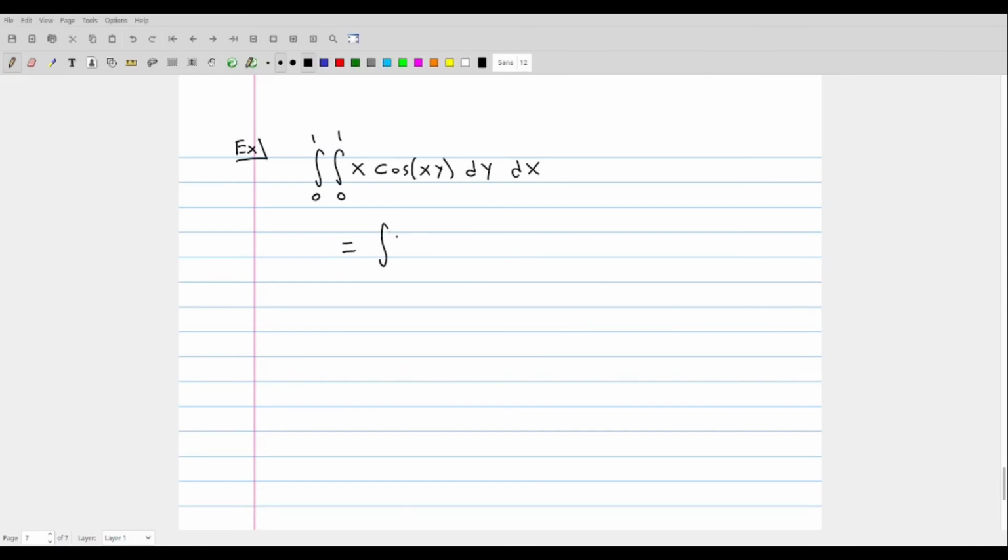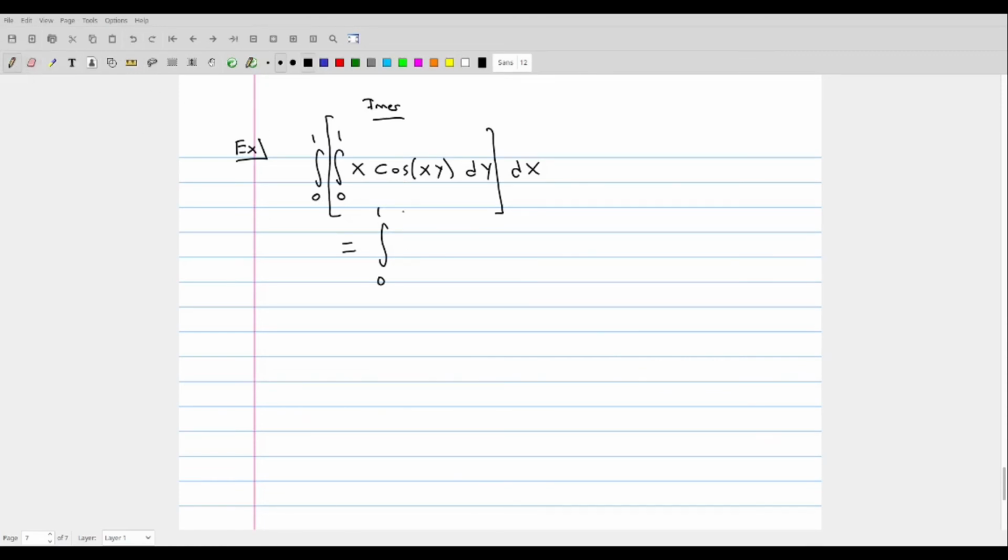So the inner iterated integral here is the iterated integral from 0 to 1 of this function with respect to y. This is our inner iterated integral. And we can go through and evaluate this right away.